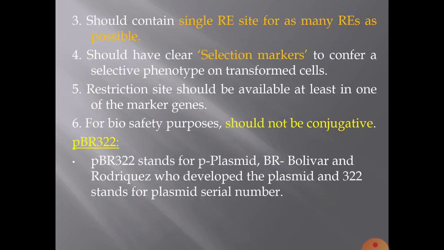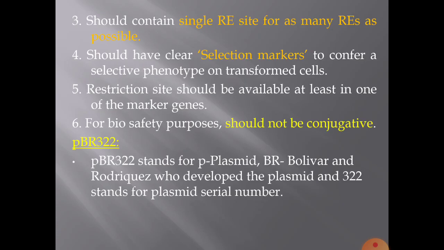Then they should contain a single restriction site for as many restriction enzymes as possible. Then they should have clear selection markers, which I have just taught you, to confer a selective phenotype on transformed cells. I will tell you a little later what exactly this is. Then a restriction site should be available in at least one of the marker genes.